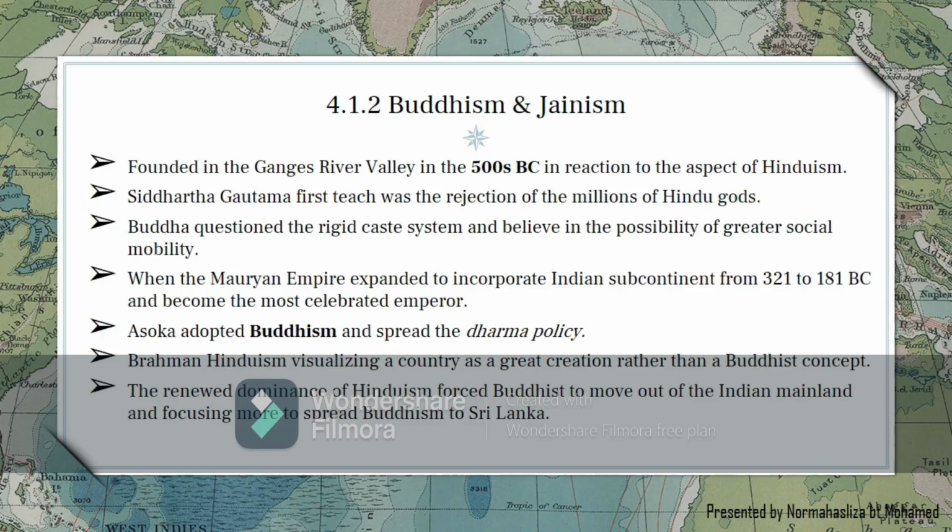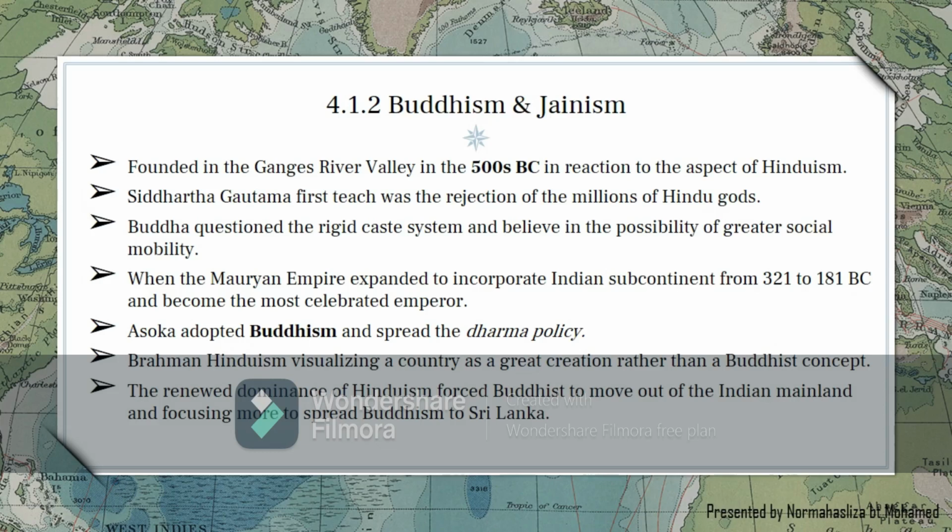The Mauryan Empire expanded to incorporate most of the Indian subcontinent from 321 to 181 BC. Its most celebrated emperor, Asoka, adopted Buddhism and propagated the Dharma policy, a code of conduct focusing on social responsibility, human dignity, and social and religious harmony.